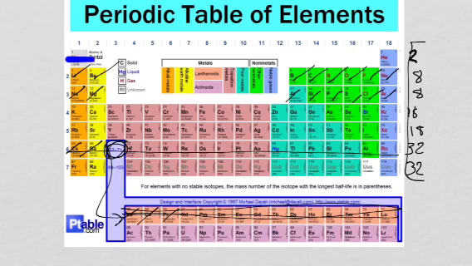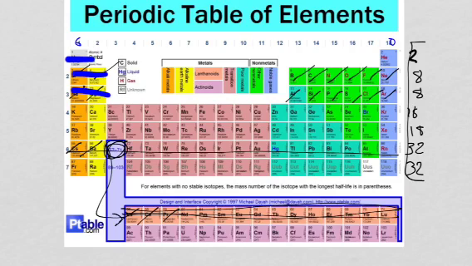Figure out what period your atom is in. Okay? That tells you how many rings you need. And then fill up each of those rings with the maximum number of electrons that can go in each of those rings. And in the case of what the max is, look at how many elements you have.